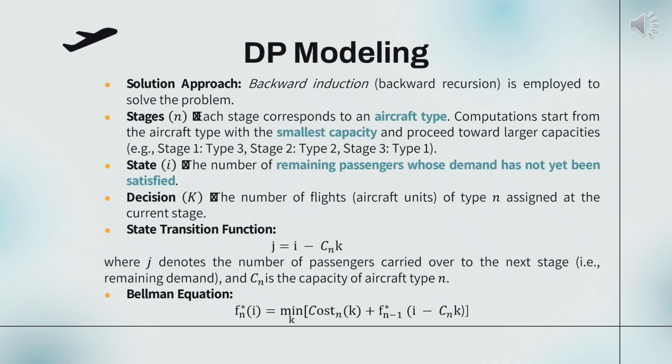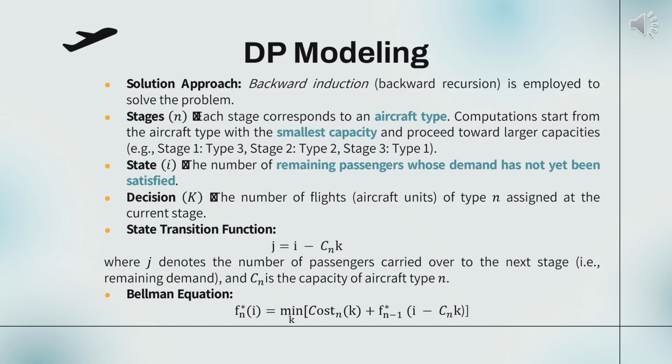To address this optimization problem, we employ the backward induction technique within the framework of dynamic programming. In this model, the parameter n represents our decision stages, where each stage corresponds to a specific aircraft class. The state variable I indicates the volume of remaining passenger demand at any given point, while the decision variable, K, specifies the number of aircraft allocated during that stage.